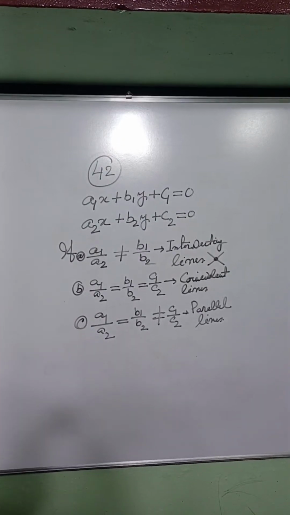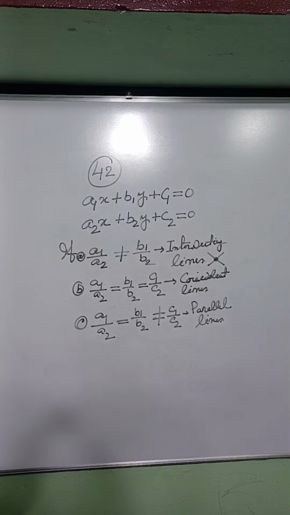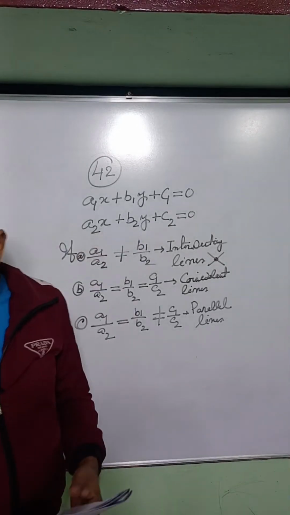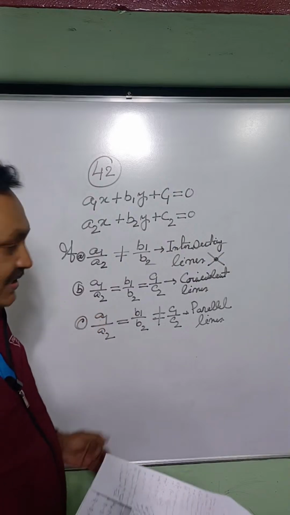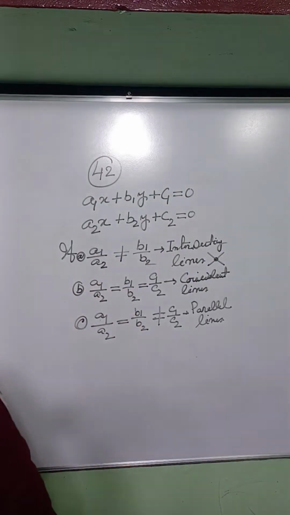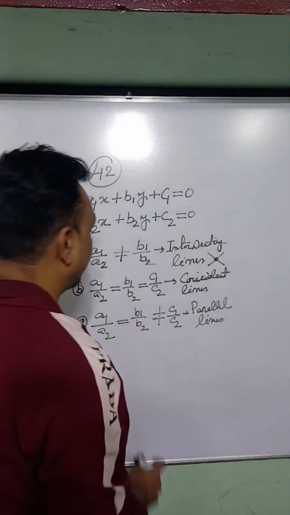Can you see? One of the students is requesting that I write in the middle, so I have just adjusted the camera. I think it is visible. Everyone can see, I am writing in the middle, right?